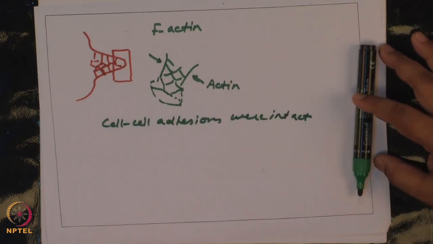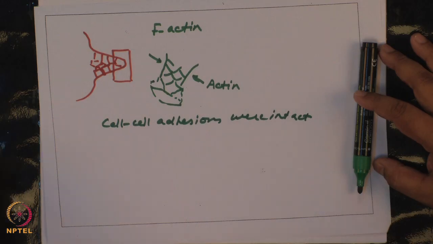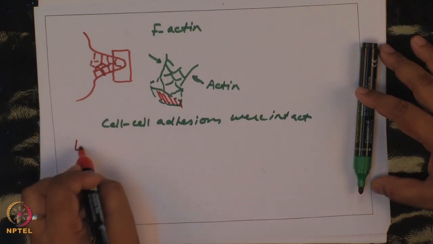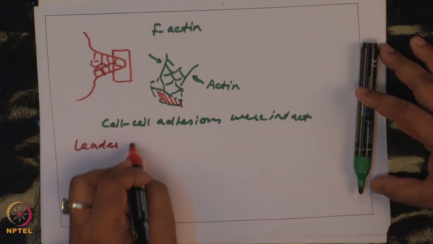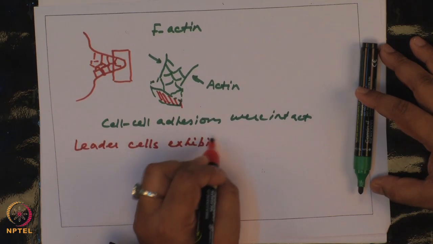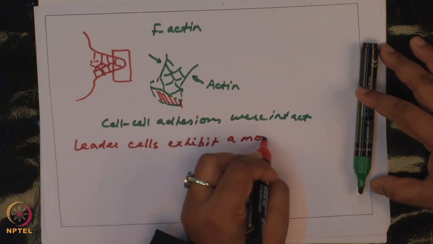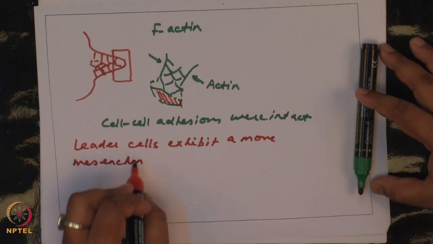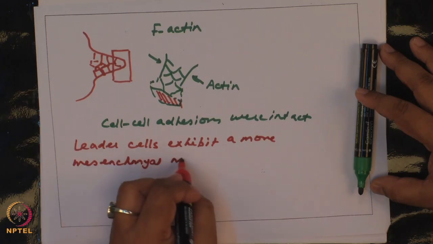but you can have these cells right at the periphery, which were called the leader cells. They exhibit a more mesenchymal morphology.